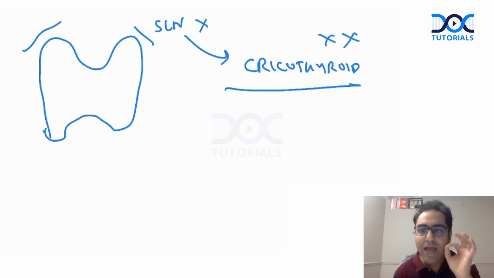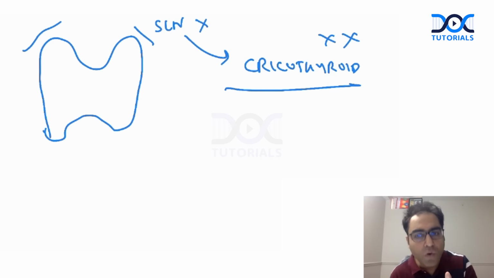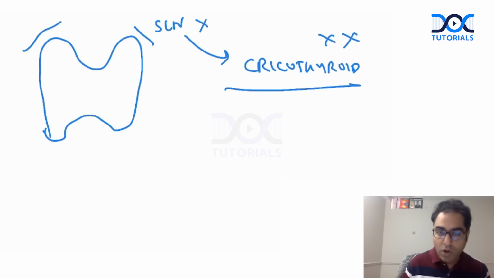So if SLN is damaged, cricothyroid muscle function will be lost. Patient will be having poor quality of the voice. And of course, there will be an aspiration problem also, because the supraglottic sensory supply comes from the internal branch of the superior laryngeal nerve. So once again, the superior laryngeal nerve has got two branches.